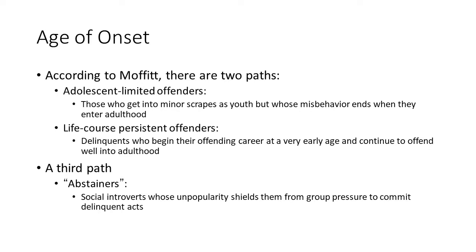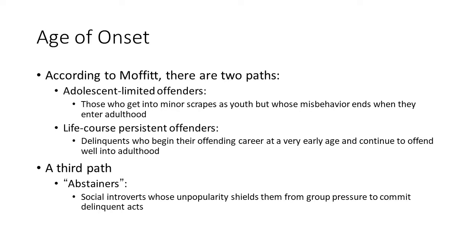So for the life course persistent versus the adolescent limited offender, the life course persistent offenders may have, for example, genetic or neurological deficits, or they may come from a difficult home environment. They come from problematic backgrounds, and they have certain characteristics that make their risk of offending much higher.